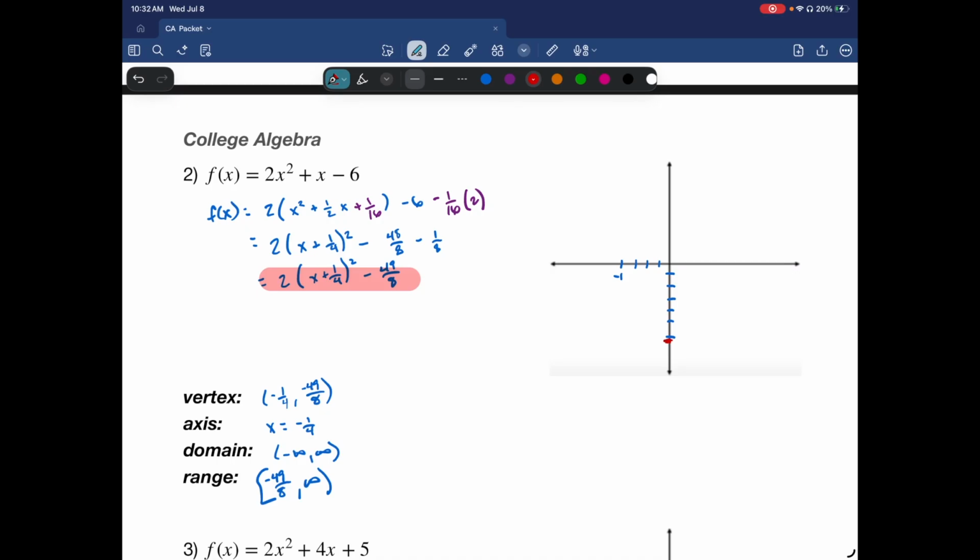And then I got the 1/4 right here. So this is going to be my point. And then the 2 is going to stretch it, so it's going to be really thin. Okay. Again, this is just a sketch. It's not exact, but that's the idea.